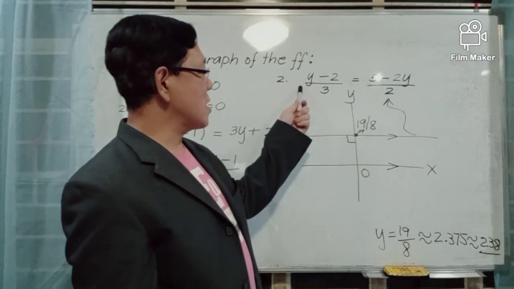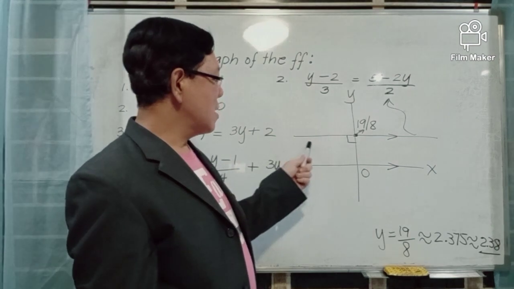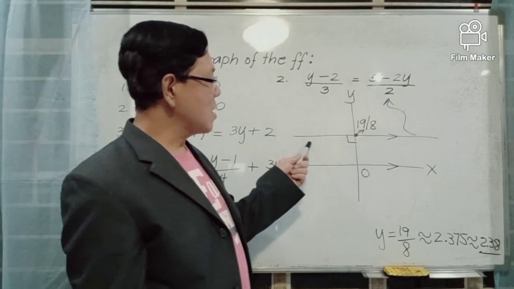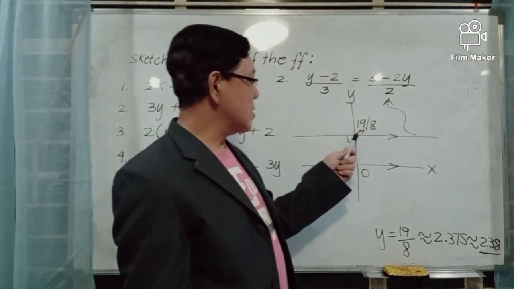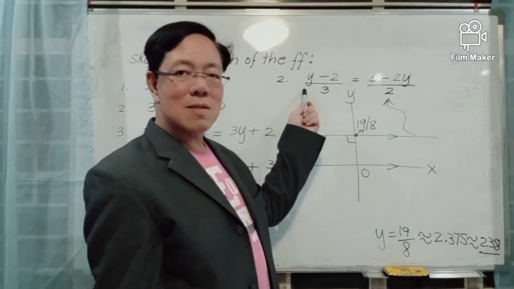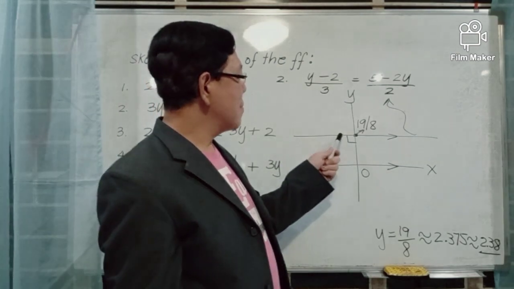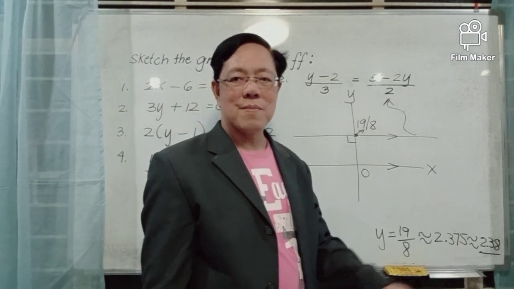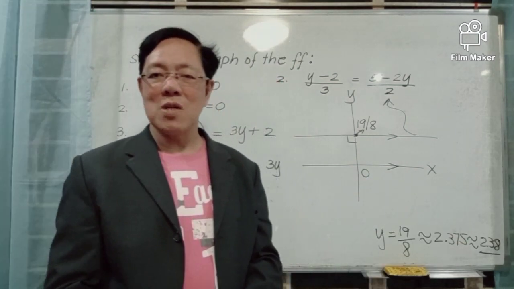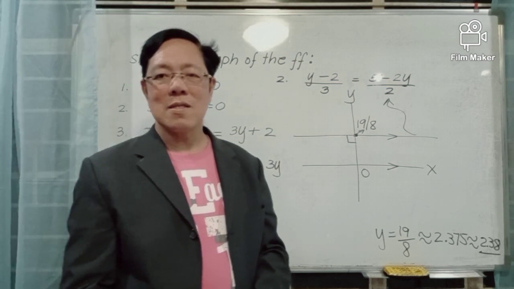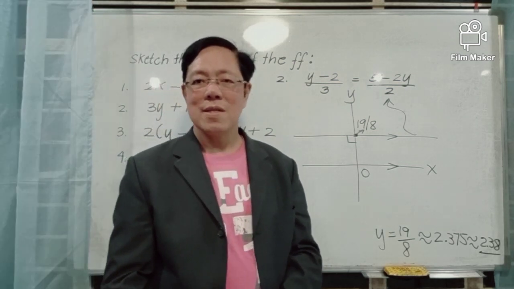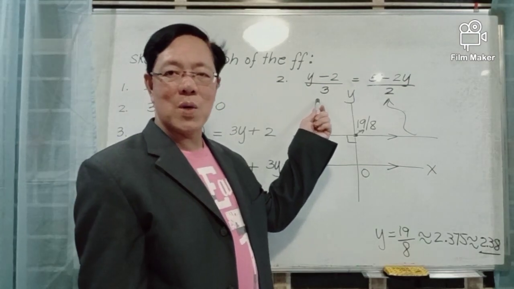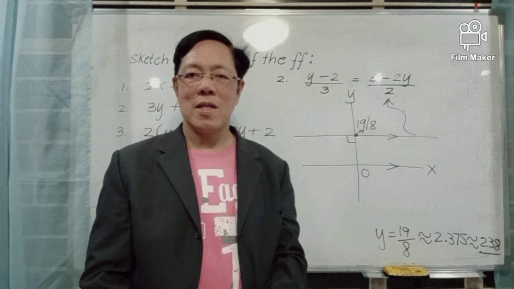Or the graph of this linear equation in y is this straight line. In particular, it is a horizontal line passing through the solution of this linear equation in y, perpendicular with the y-axis and parallel with the x-axis. Again, the graph of a linear equation in x is a vertical line, while the graph of a linear equation in y, such as this equation, is a horizontal line.